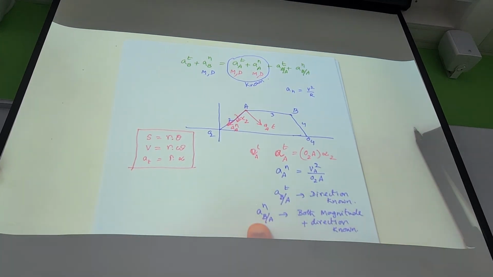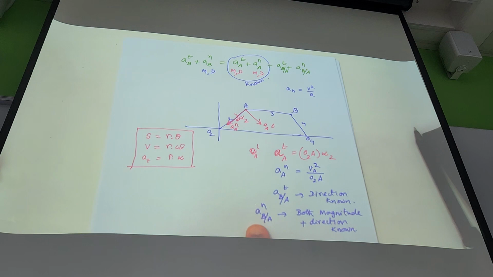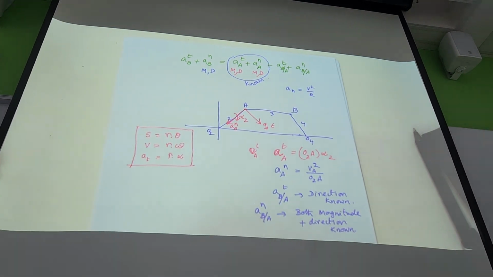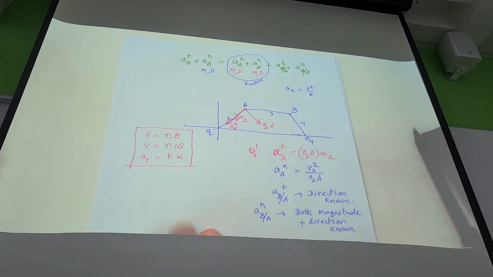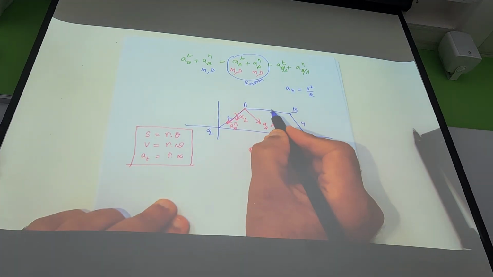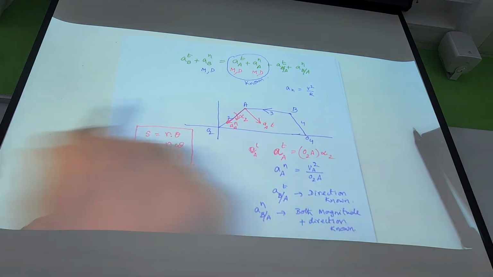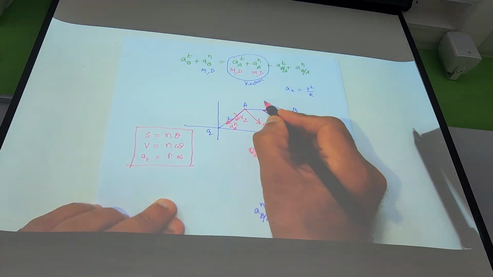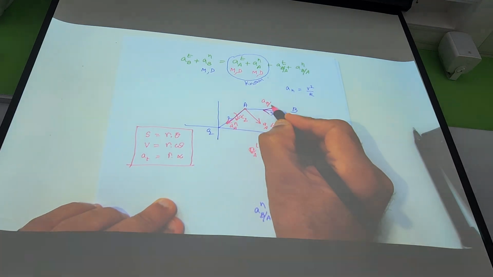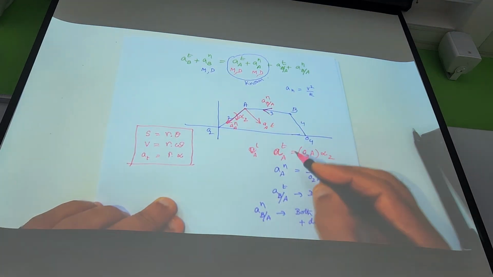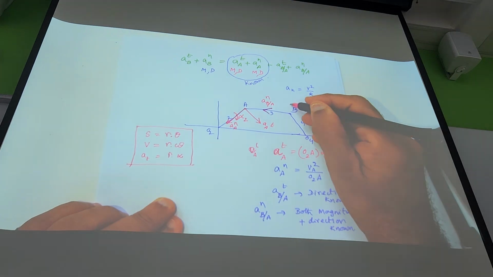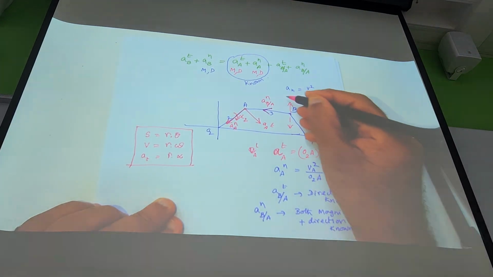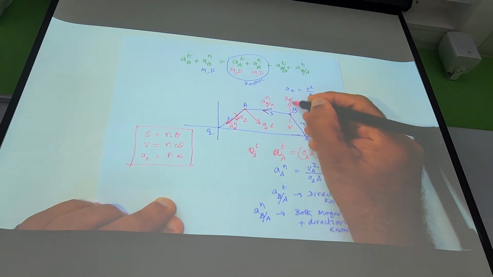The direction will be along BA because you are already plotting the mechanism to scale. So BA normal direction will be like this, and BA tangent will be perpendicular to this.